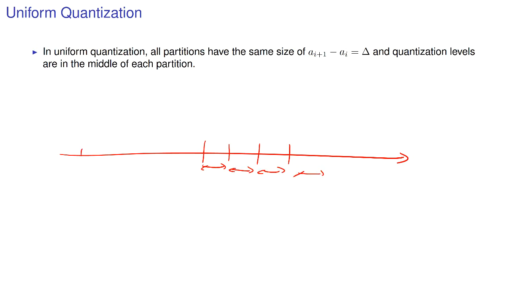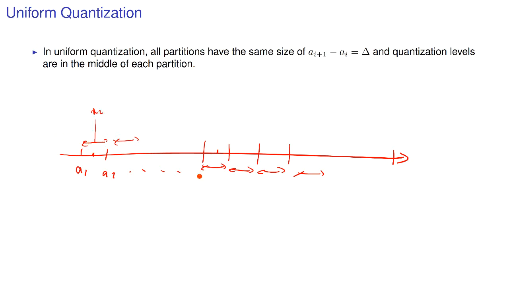So you start at some point and you end up at some other point. Let's say this is A1, A2, and so on. They are all equally distanced, and the quantization levels are in the middle of each of these. If this is A1, let's say this is X2, because X1 is somewhere in the first interval.